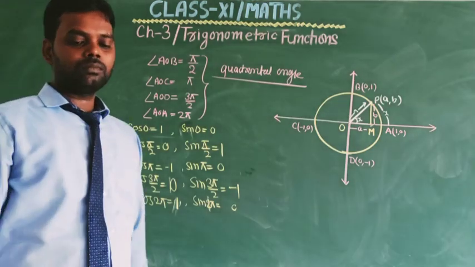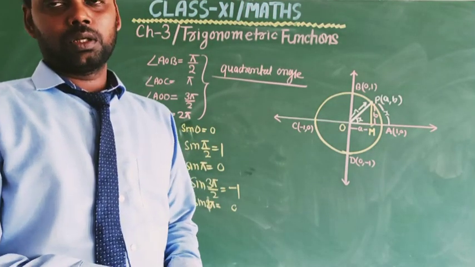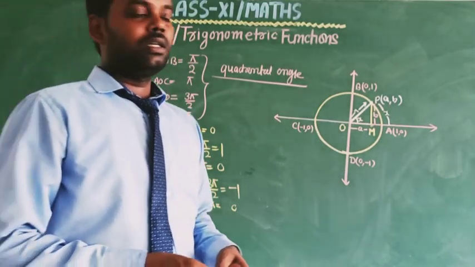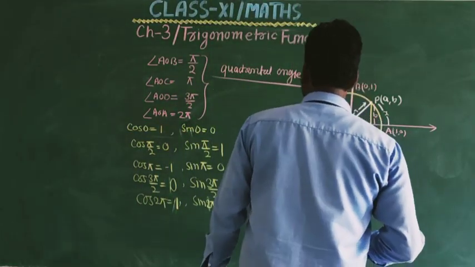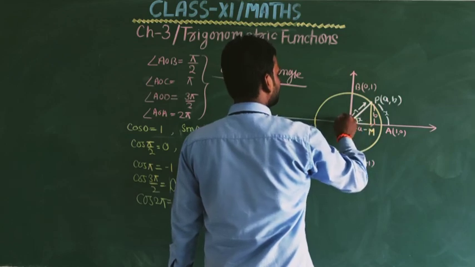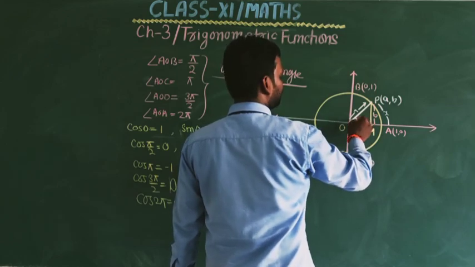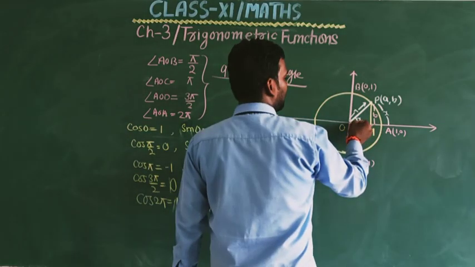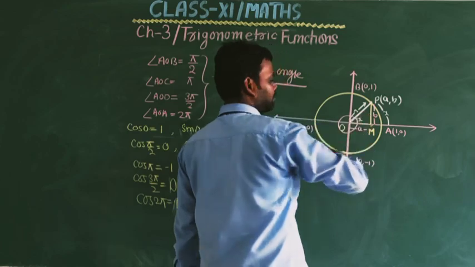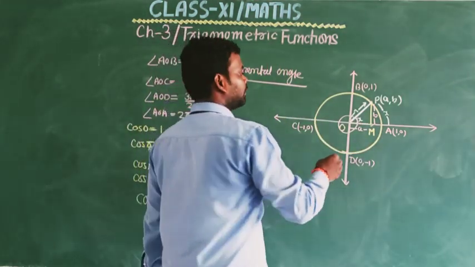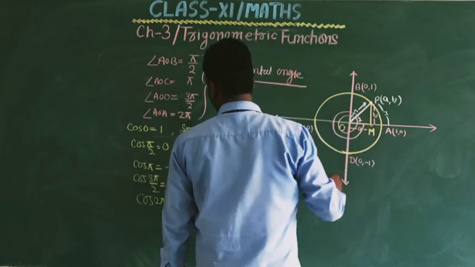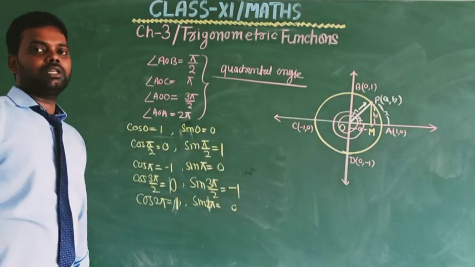Clear? So dear children, here we can say that the value of sine and cosine function is unchanged, because after one revolution they come back to the same position.